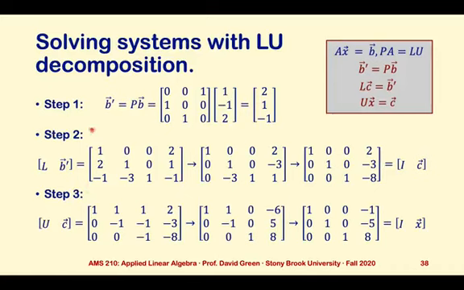In the second step, now we have B prime. We want to solve this system. How do we solve a system? We know how to solve linear systems. We start with an augmented matrix, our coefficients L, our right-hand side B prime, and then carry through to solve the system.